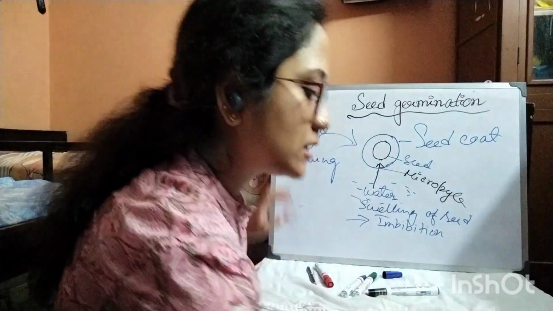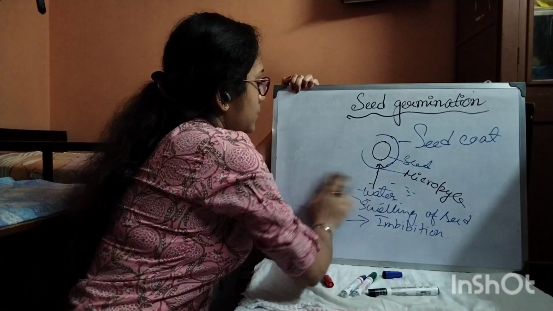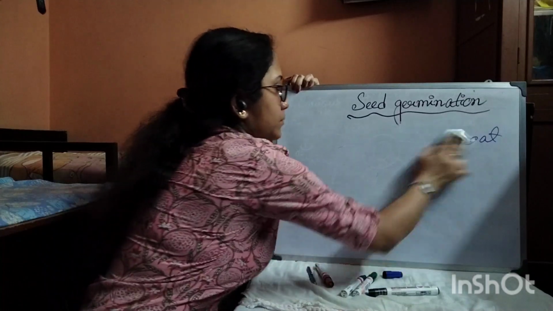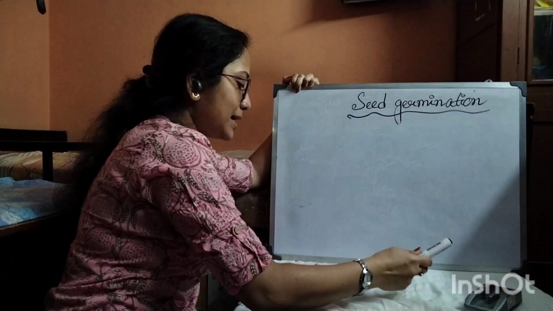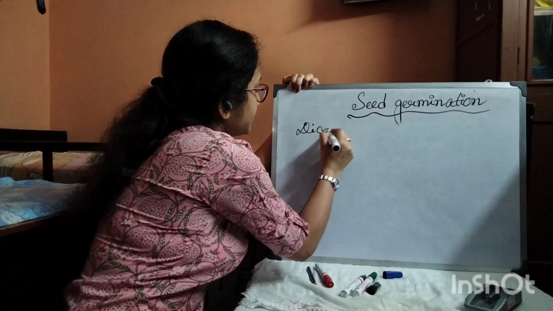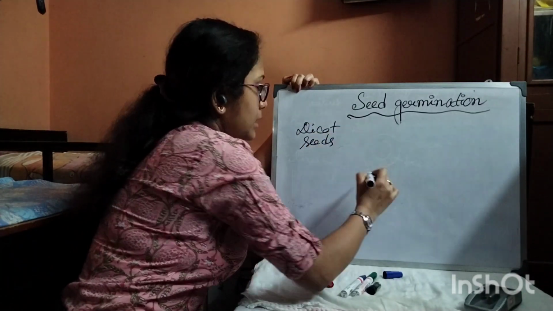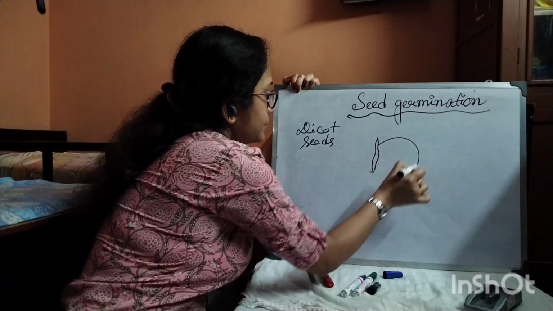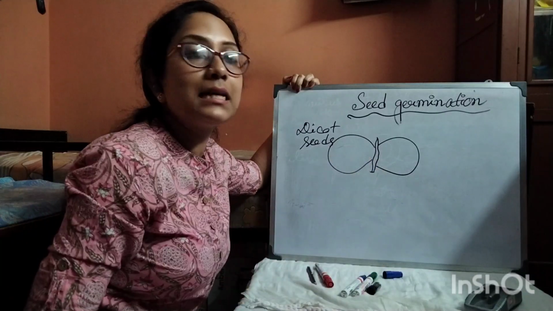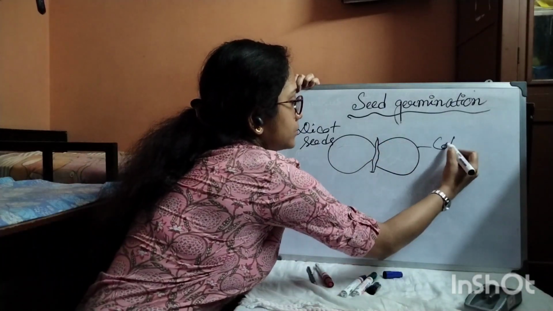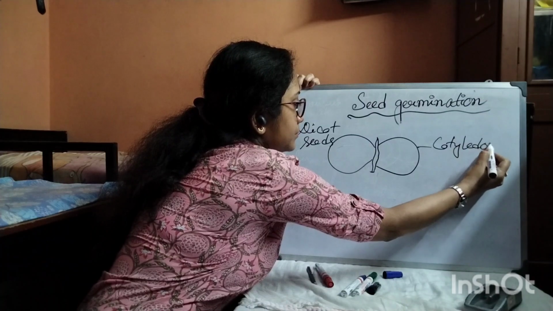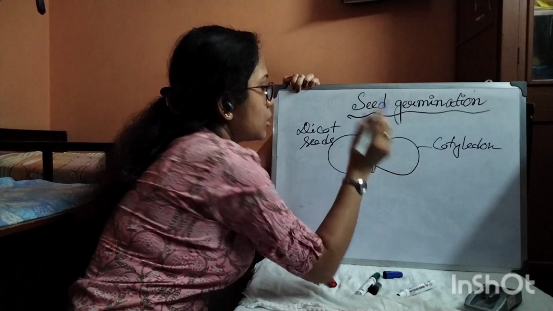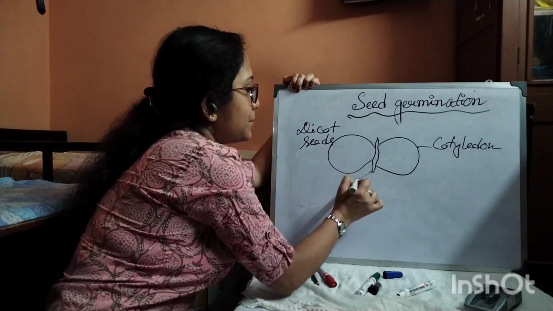Okay, so coming to the next part. In case of dicotyledon seeds, if this is a seed, these are the cotyledons, and the upper portion of the cotyledon, this is the embryo axis.